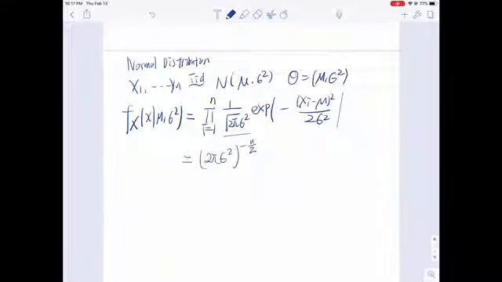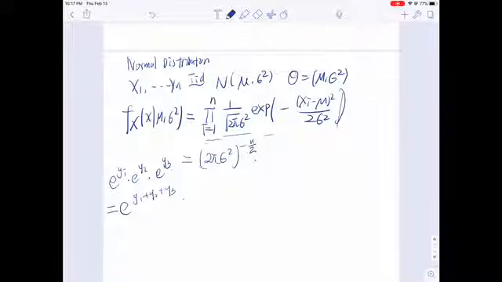Then we're doing another calculation trick. Imagine you're doing e to the y1 times e to the y2 times e to the y3, the product of a bunch of exponential terms. It's the same as e to the y1 plus y2 plus y3.